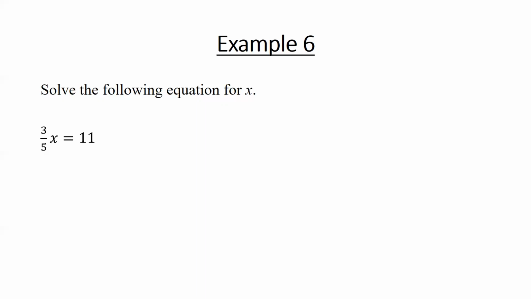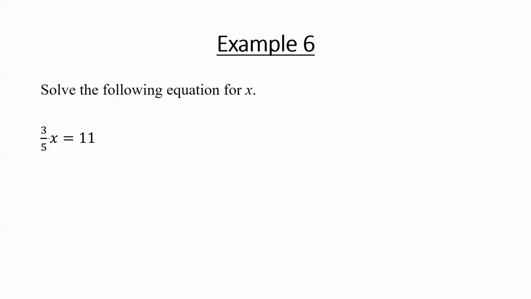The only thing that makes this example even slightly different is the fact that what x is being multiplied by is a fraction. And so let's talk a little bit about what to do here.